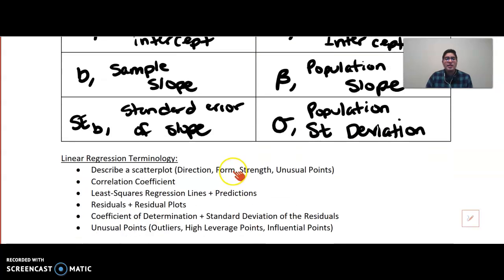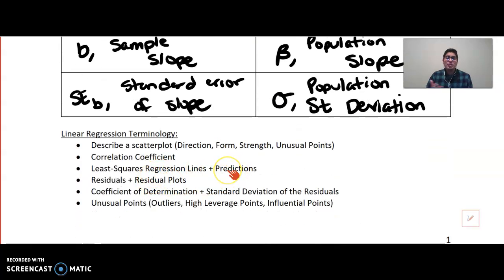Now, back to linear regression, we learned about these concepts: describing a scatter plot, correlation coefficients, least squares regression lines, residuals, the coefficient of determination, the standard deviation of the residuals, and then unusual points. And although we spent a good chunk of time on those concepts, they're going to come back now and help us to develop conditions that we need to check when we decide to do inference for slope.